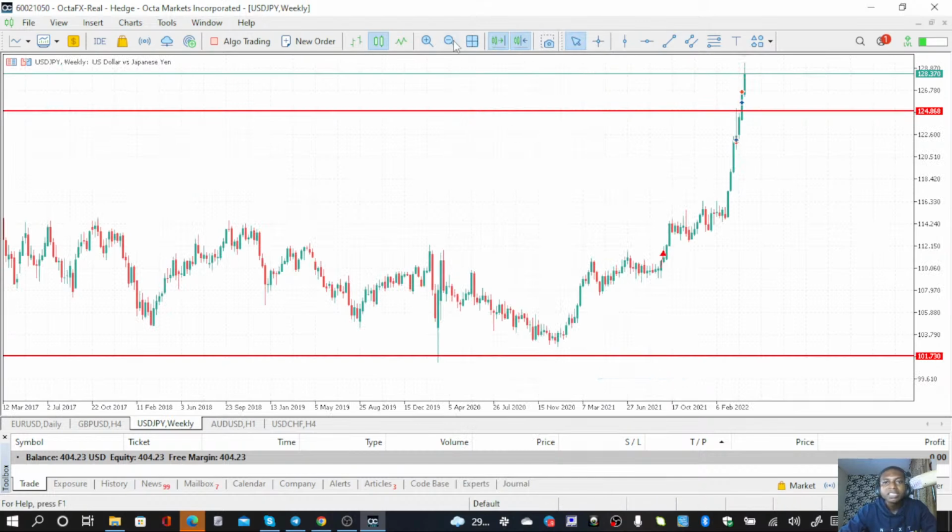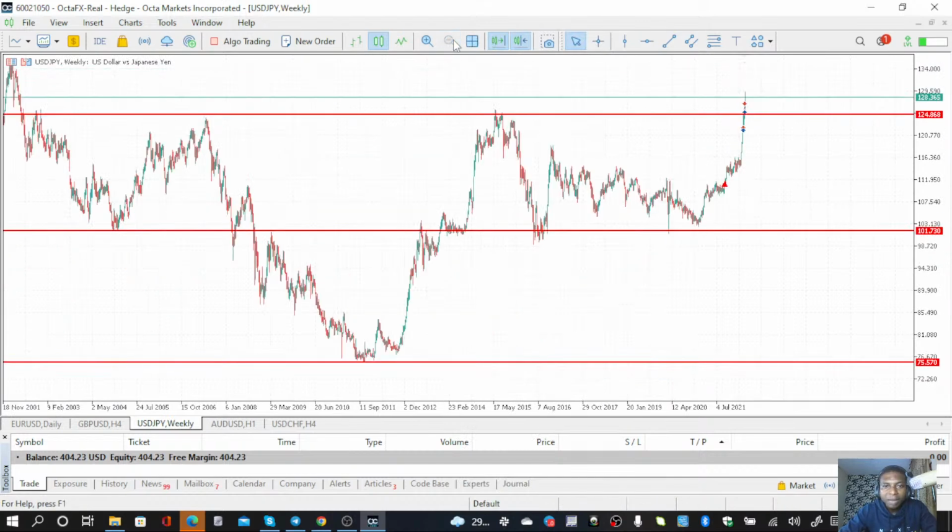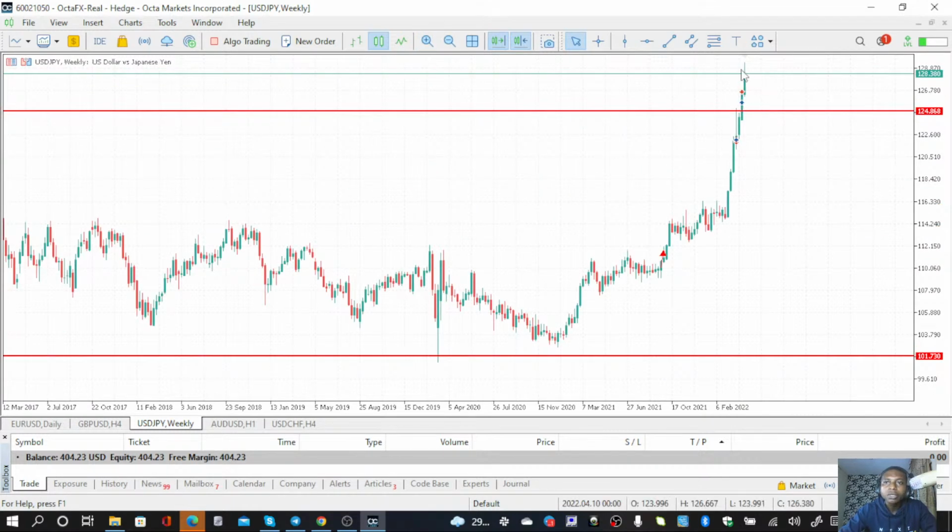Now we can see that there is a breakout from this resistance level, because we can see price footprint at this level. We can also see price footprint at this level, and the same thing here. Now we zoom closer.